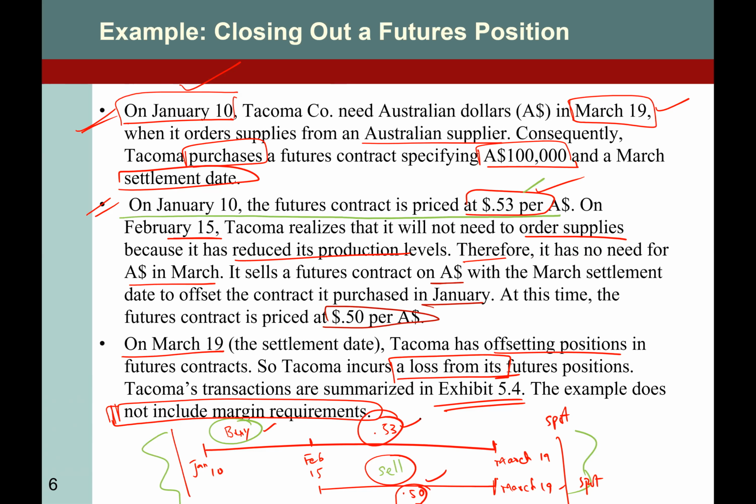So if you are smart, you can ask, can we just settle here or here, wherever in the timeline? Because whatever the condition at March 19, who cares? We already have an obligation to honor this contract. So why wait till March 19?